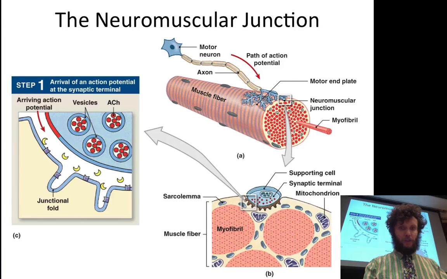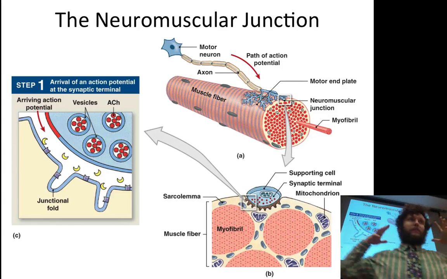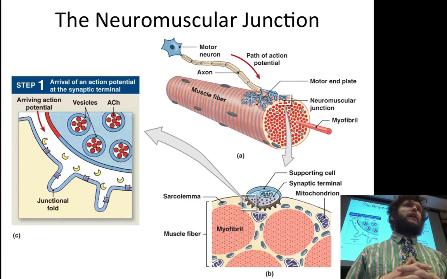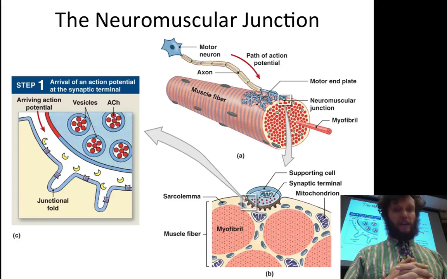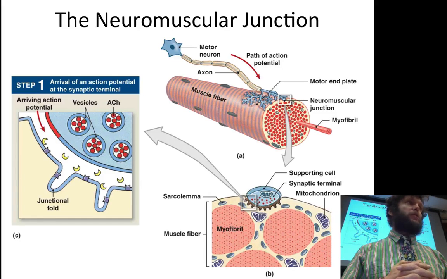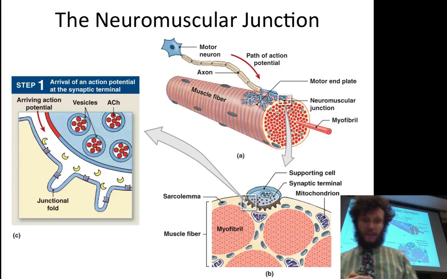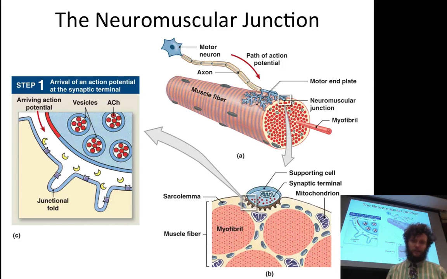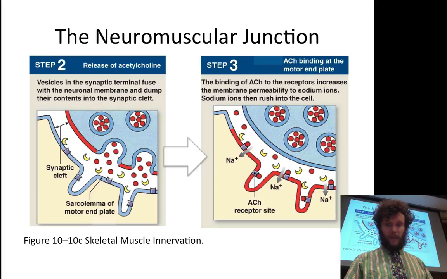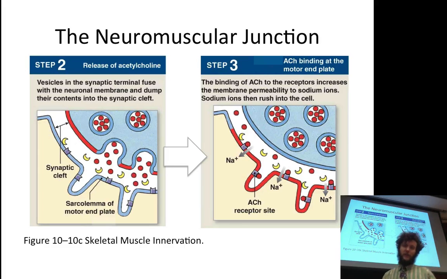The neuromuscular junction. Step 1 is the arrival of an action potential down the axon, down the telodendria to the synaptic terminal. This sets in motion a degranulation event, which is the release of the acetylcholine here in the left-hand panel.